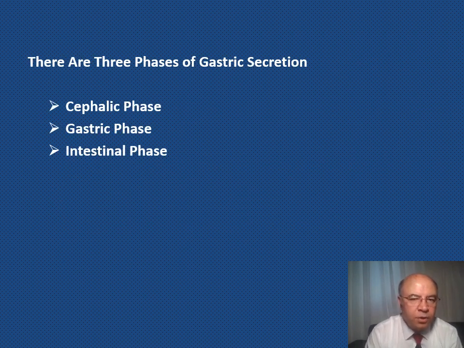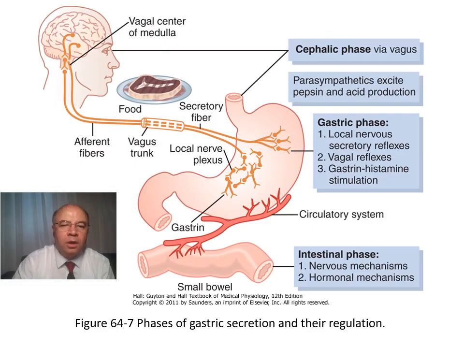There are three phases of gastric secretion: cephalic, gastric, and intestinal. Here you see the phases of gastric secretion and their regulation. When we see the food, the cephalic phase starts.